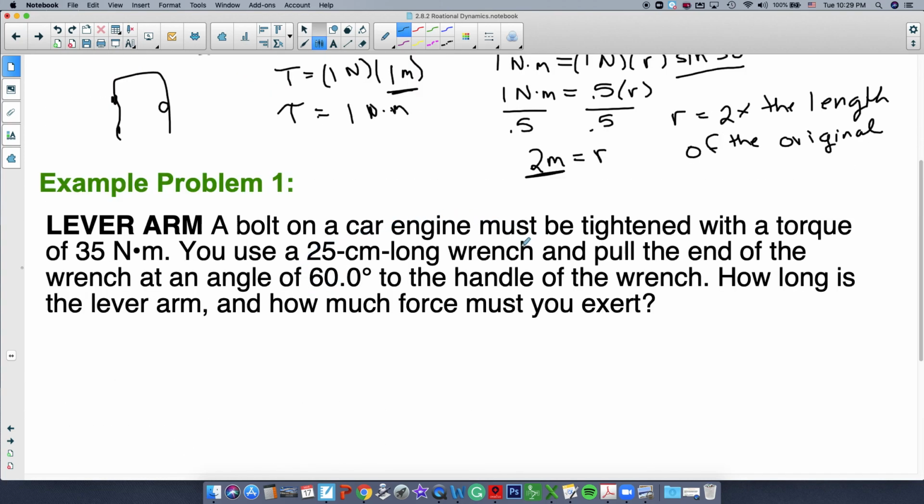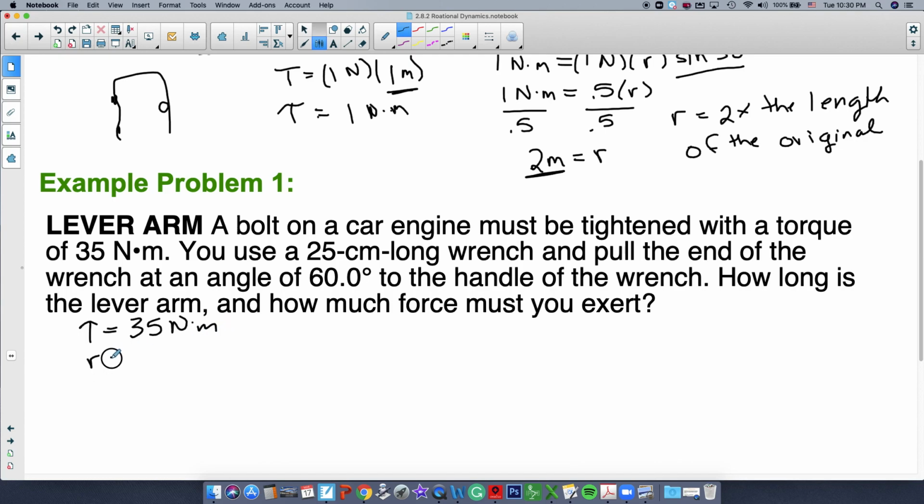A bolt on a car engine must be tightened with a torque of 35 Newton meters. Use a 25 centimeter long wrench and pull on the end of the wrench at an angle of 60 degrees to the handle of the wrench. How long is the lever arm, and how much force must you exert? Okay, so let's write some things that we know. We have our torque is 35 Newton meters.